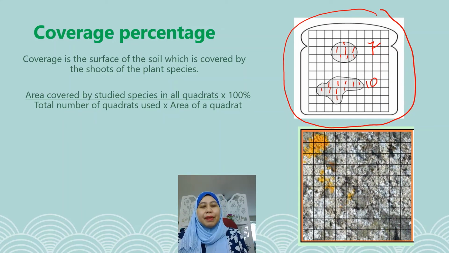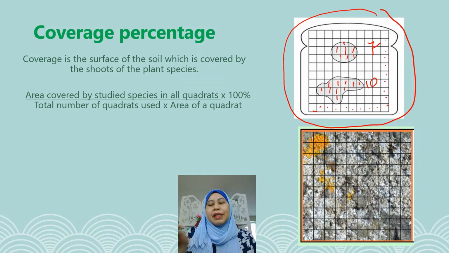Okay, divided with total number of quadrats used: 1, 2, 3, 4, 5, 6, 7, 8, 9, 10, and again 10. So we have 10 times 10 is 100. Okay, 100 quadrats used times area of a quadrat. Let's say this one is 1 cm, this one also 1 cm.